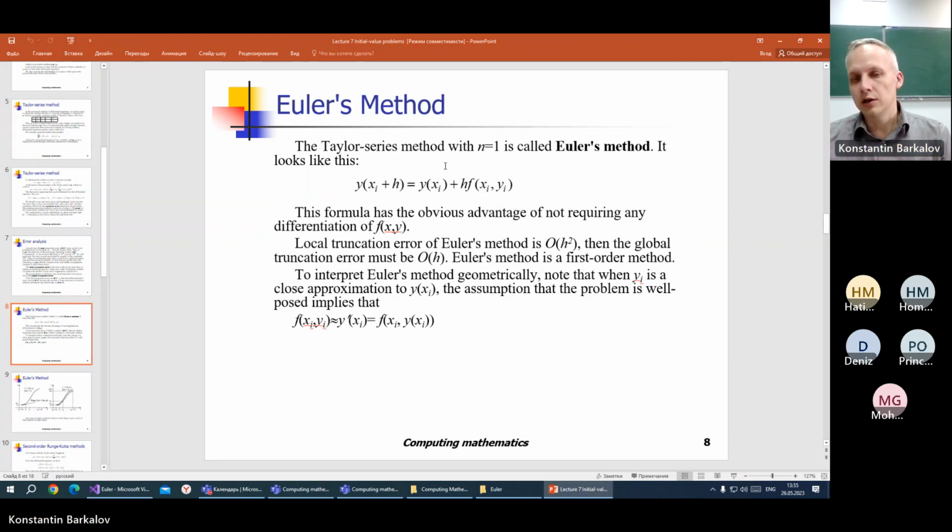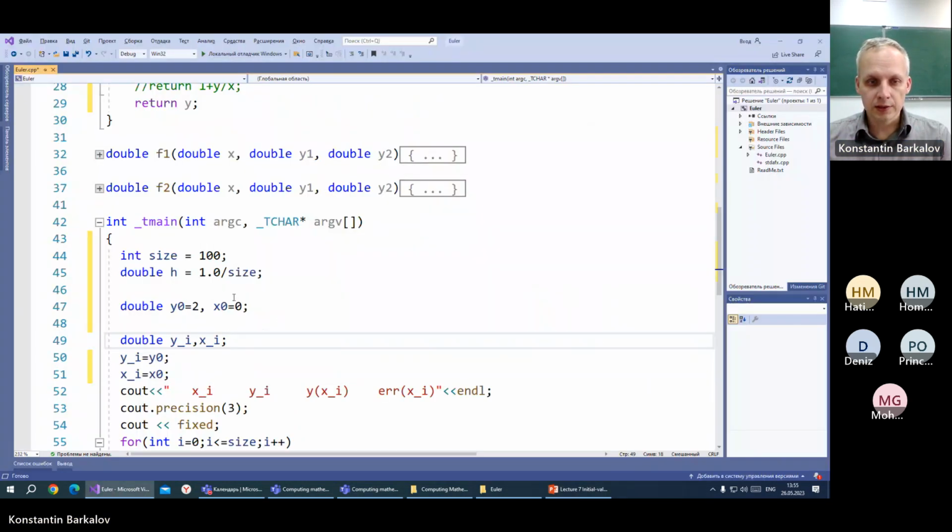And using these values, we can compute yi plus 1, y at the point xi plus 1. So it's enough to declare just two numbers, yi and xi, with initial values y0 and x0.